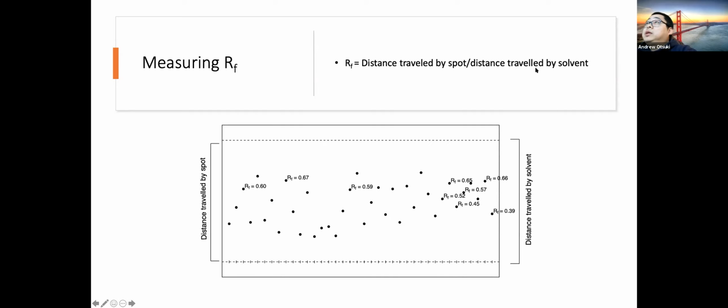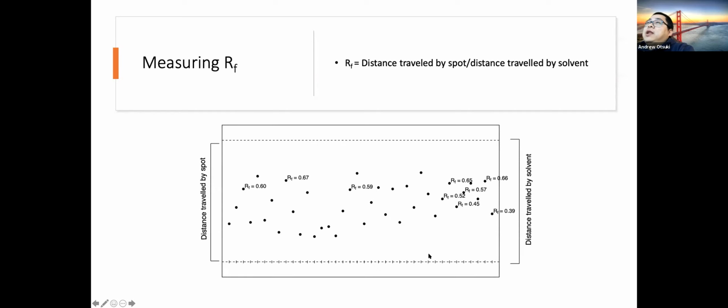So this number will be the same for every spot because the solvent front stopped right here. So we measure this distance right here, and that will give us the distance traveled by the solvent. So you use the distance traveled by the spot divided by the distance traveled by the solvent, and you'll get a value from 0 to 1.